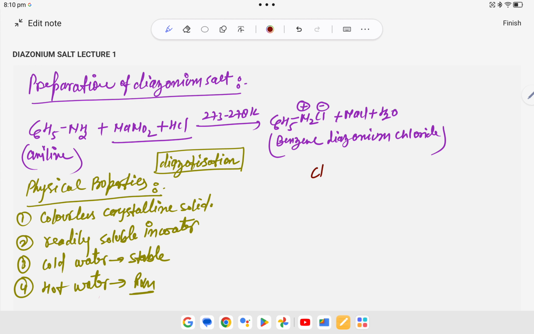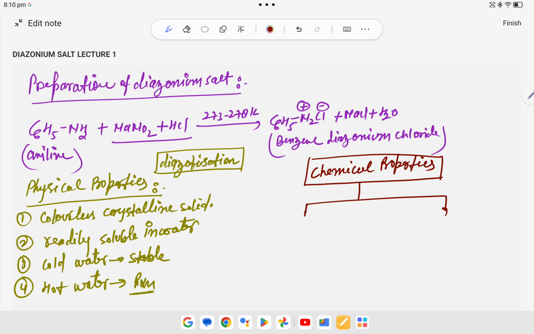Chemical property. Diazonium salt has two kinds of chemical properties.